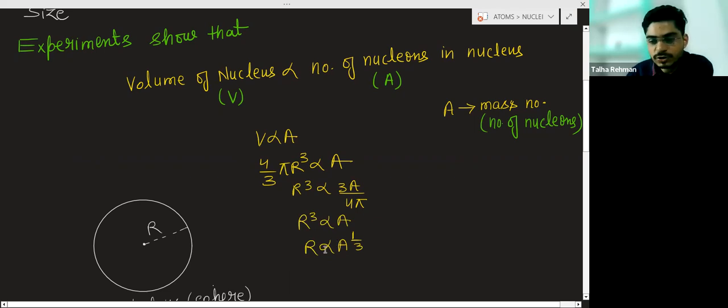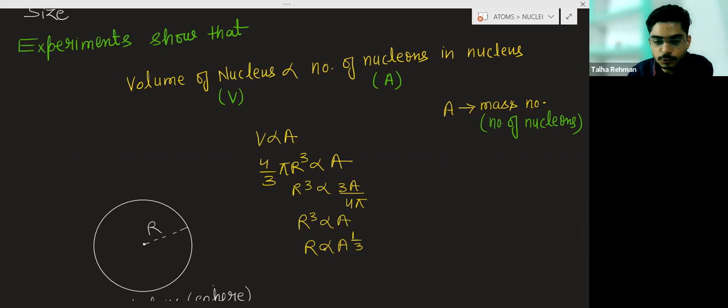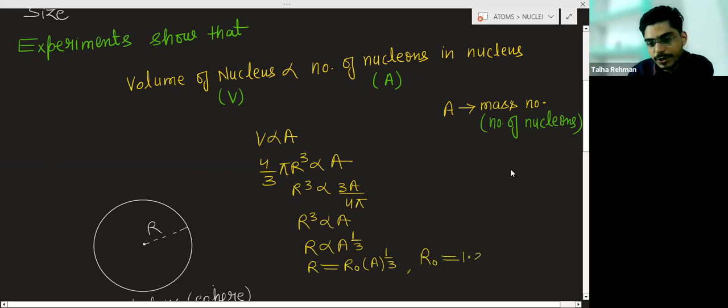This is the proportionality sign. When you remove the proportionality sign, you get a constant, r naught. This r naught value is 1.2 into 10 to the power minus 15 meter.